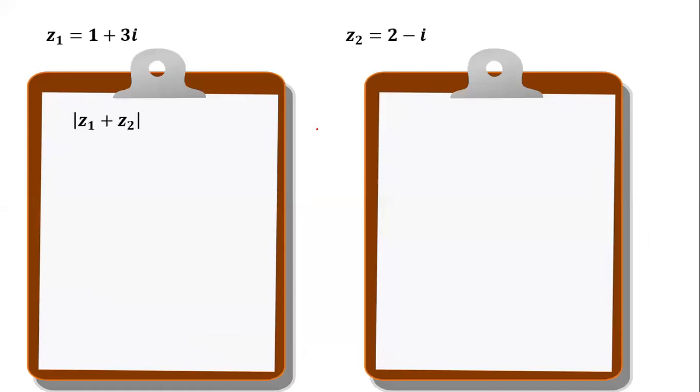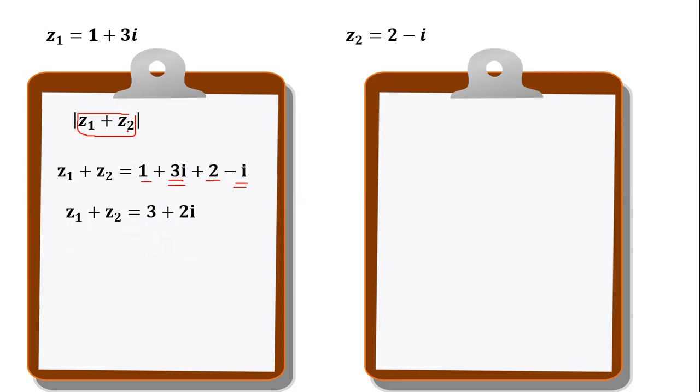What about the modulus of z1 plus z2? Before calculating any modulus, let's find z1 plus z2. In adding two complex numbers with each other, we add the real parts, 1 plus 2 gives 3, and add the imaginary parts, 3i minus i gives 2i.